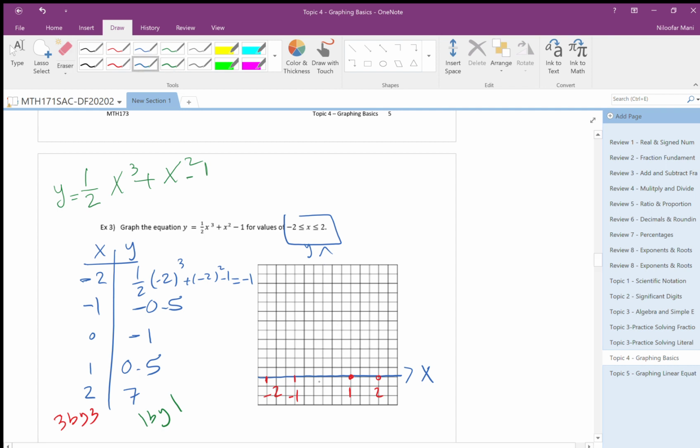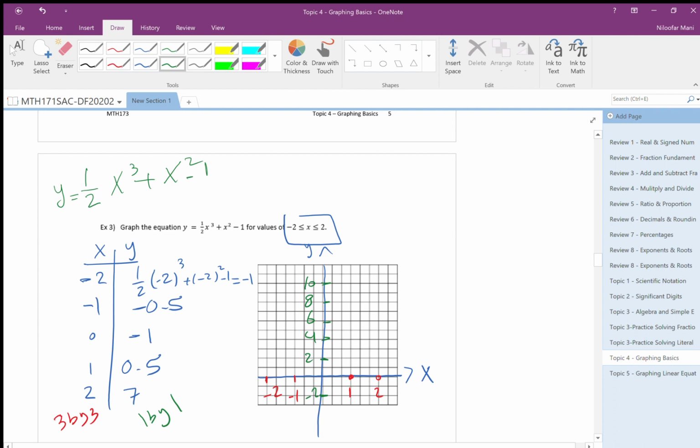I say this is 2, this is 4, this is 6, this is 8, and this is 10. I don't really need to show 1, 2, 3 because it will be so busy and crowded, and I really don't want that. I want to show everything very beautifully. So this one is -2 then.